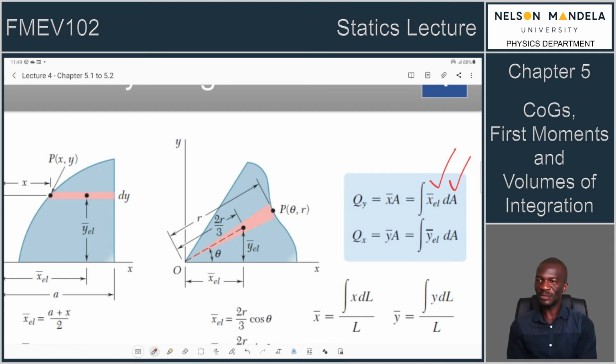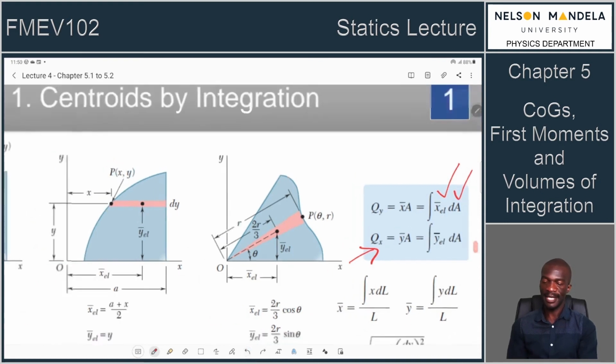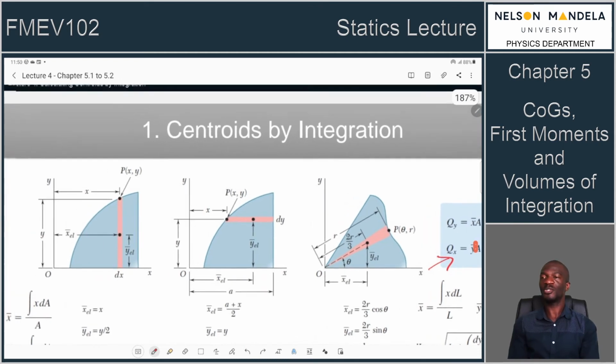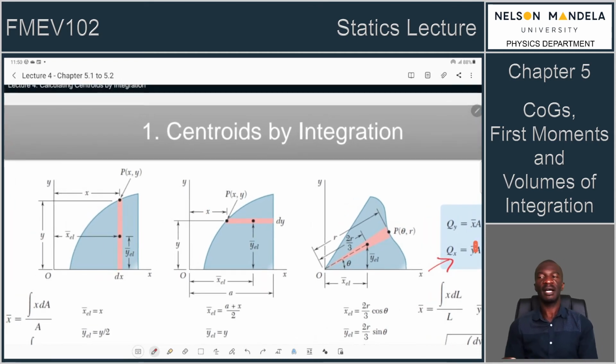So what are we trying to do? We're trying to figure out what is required. Then we choose an area element or a strip. Then when we've chosen an area element, we define its bounds, or its x element and dA, or its y element and dA. If you are given some area, you can choose three types of area elements which you want to integrate. You can choose a vertical strip as shown in the first figure.